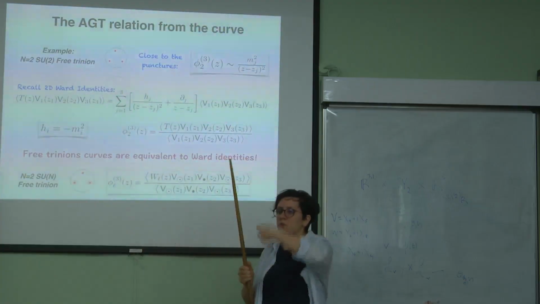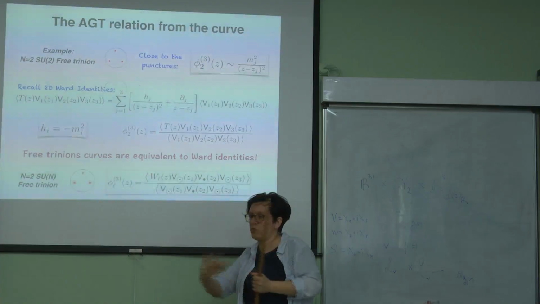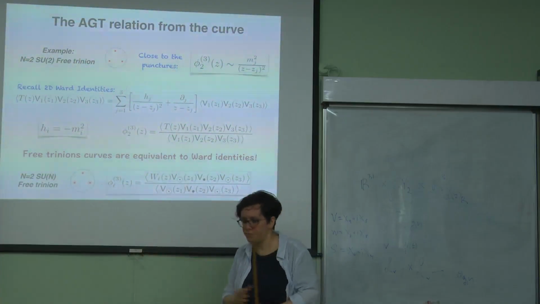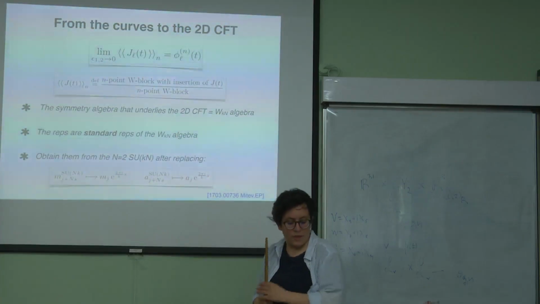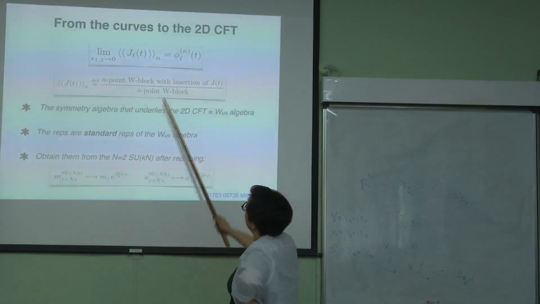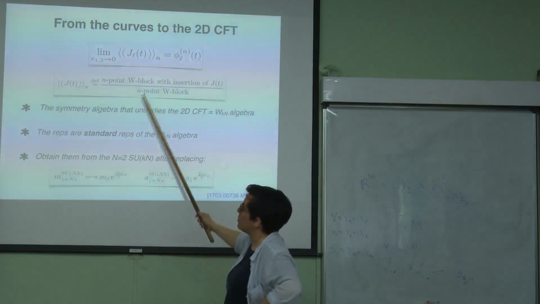The moment you want to go and do interacting theories, this immediately becomes harder, and you have to do this calculation somehow in perturbation theory, but you can do it. So then, what we did with Vladimir in this paper is we said, okay, first of all, let's postulate this as a theorem now. So what are we doing?